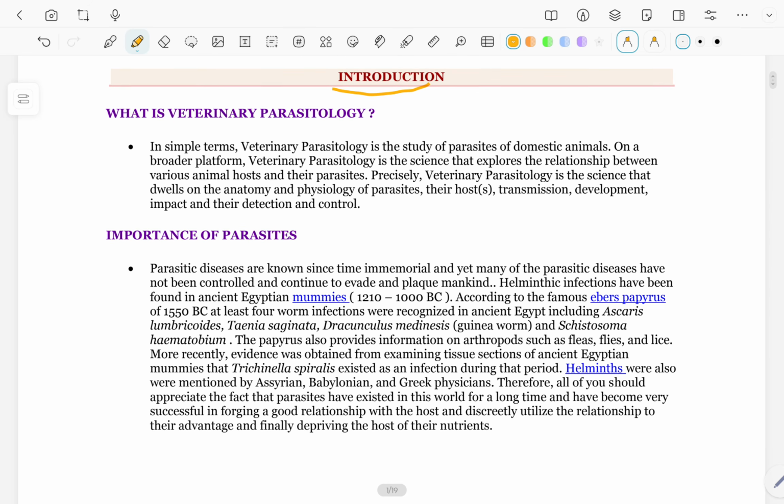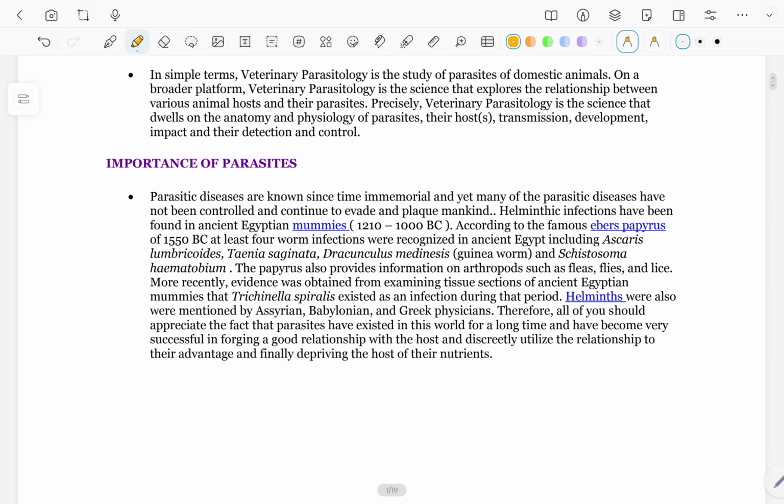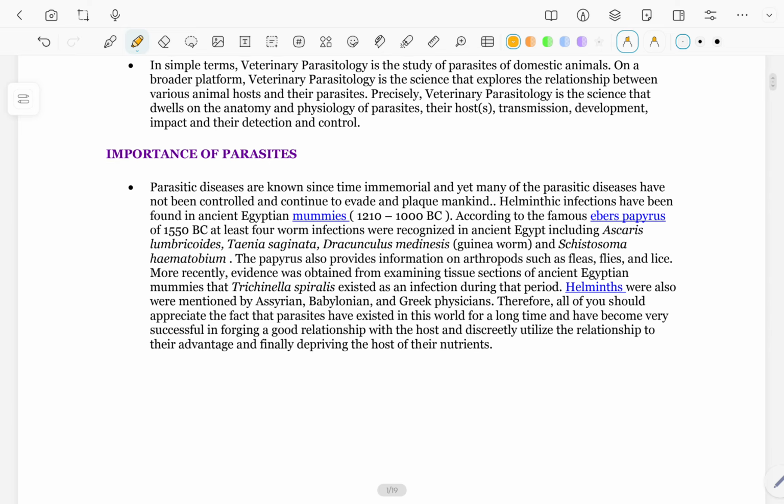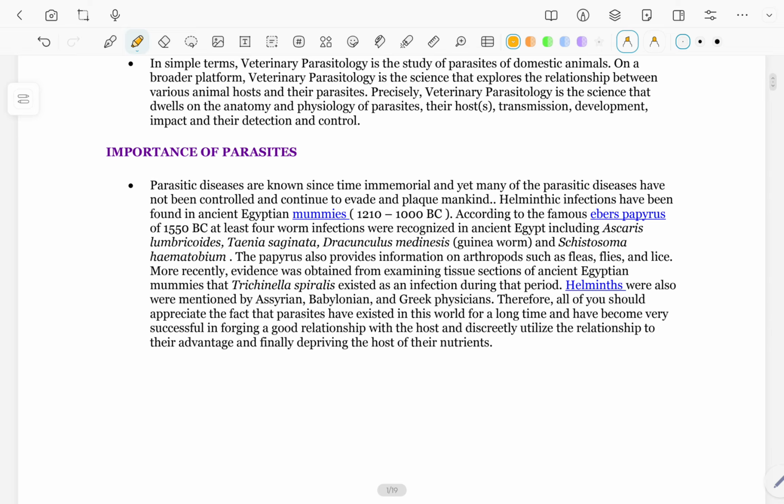Importance of parasites. Parasite diseases are known since time immemorial, and yet many of the parasitic diseases have not been controlled and continue to evade and plague mankind. Helminthic infections have been found in ancient Egyptian mummies.